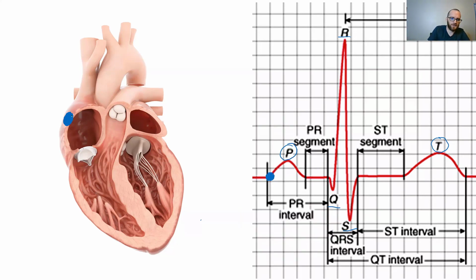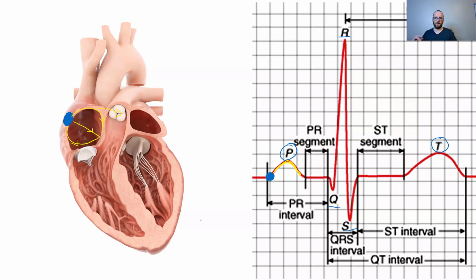And then that electricity, I said, starts traveling through the atria, right? Electrically, it travels through the atria. And as that electricity is traveling through the atria, it generates that little bump. When we put somebody on the monitor and put those stickers on, all we're doing is just watching the movement of electricity.